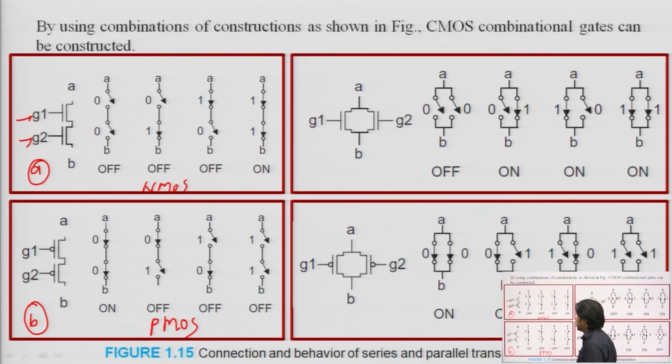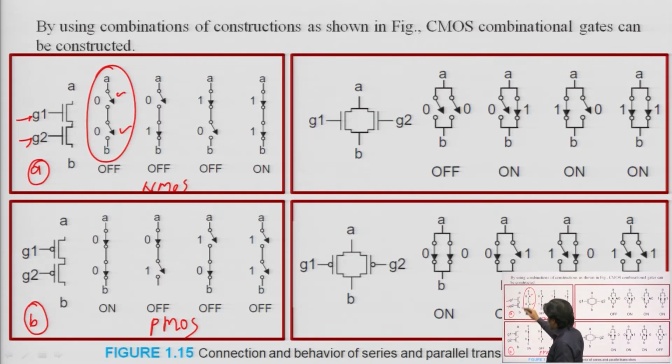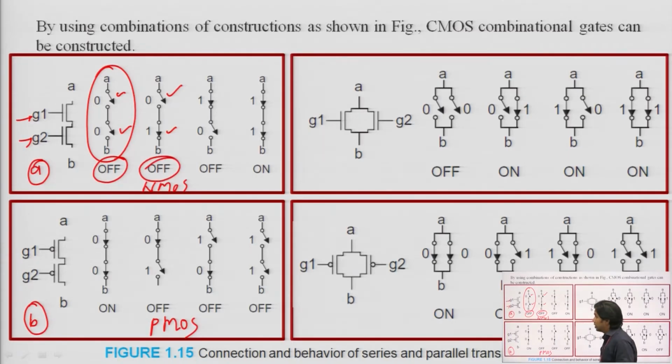In terms of switching, when both are off, that is when we apply logic 0 at the input, both NMOS are in switch off condition and the overall output will be off, meaning 0 logic, clear. Now, in the second case, when one is in off condition and the other is in on condition, the overall output will be off only, because the NMOS are connected in series.